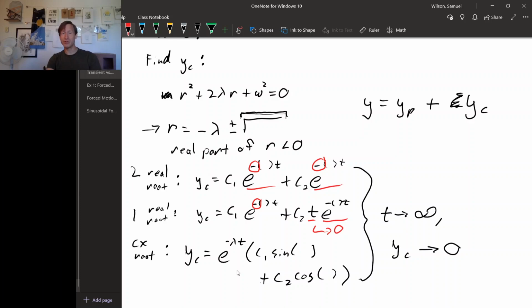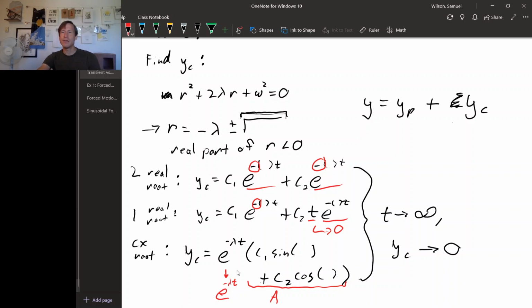And in the complex root case, this sinusoidal part has some maximum amplitude, but it's being multiplied by something that's decaying exponentially. And again, it's decaying rather than growing because this coefficient in the exponent is negative. So in each of these 3 cases, the complementary solution goes to 0.